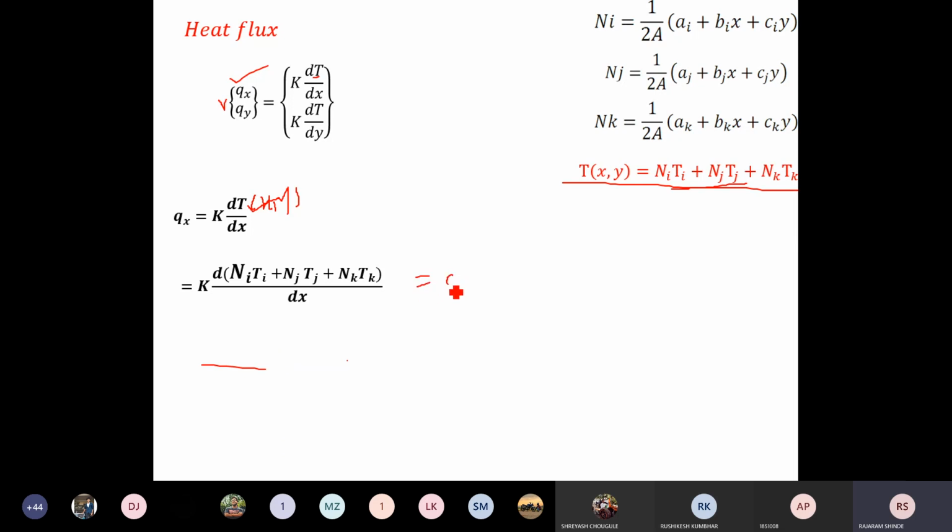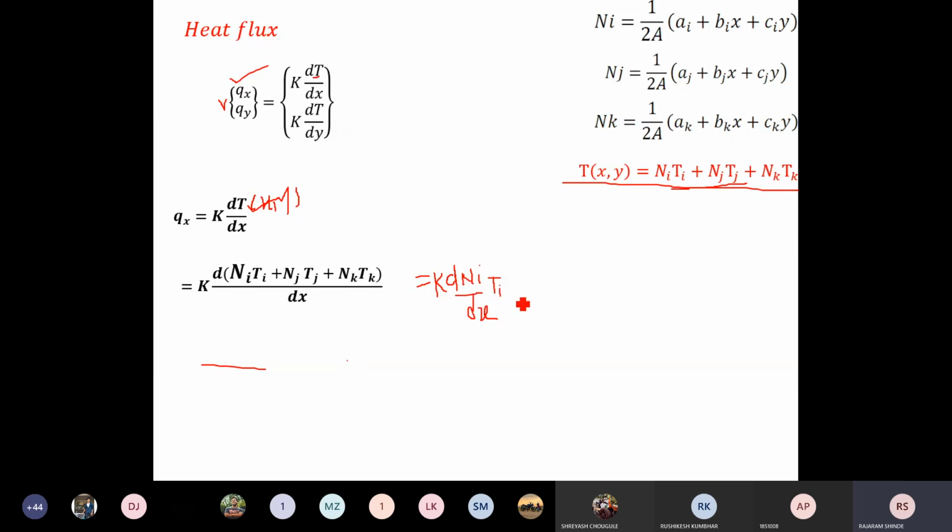What will I get here? k is there. Okay, I will write here k into dni by dx into ti. Ti is your constant term, that is 100 or something, therefore we can take this ti term out of the derivative.